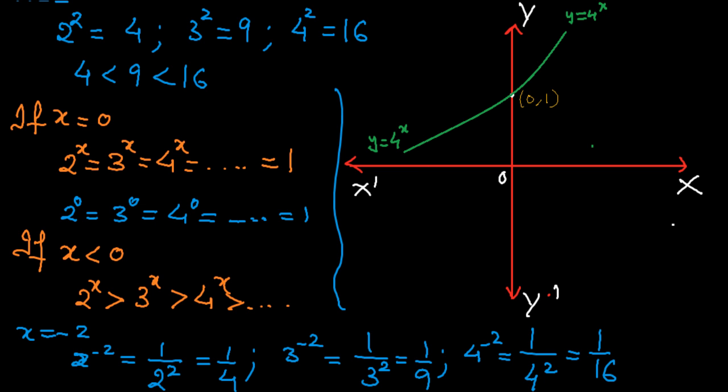Now I am making another graph, y is equal to 3 power x. This is our y is equal to 3 power x. I am also writing y is equal to 3 power x.